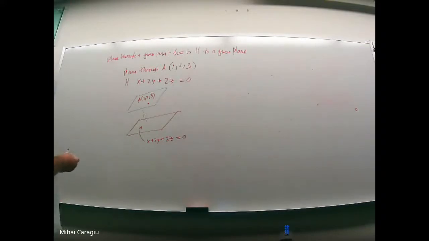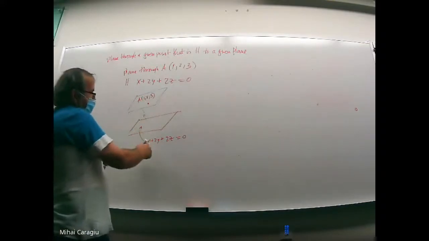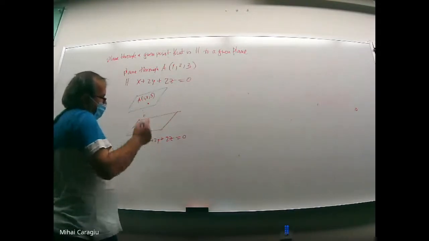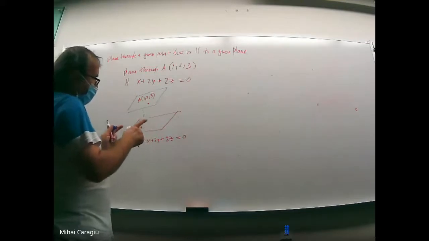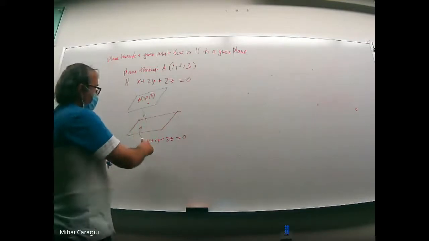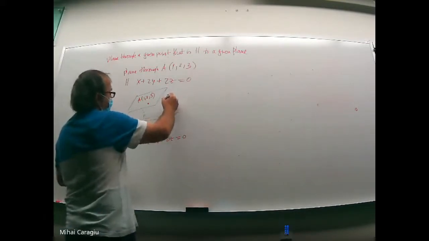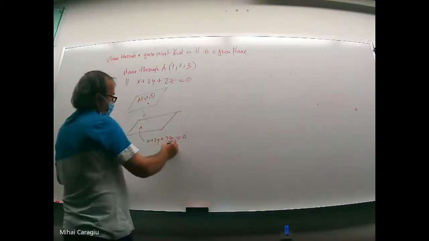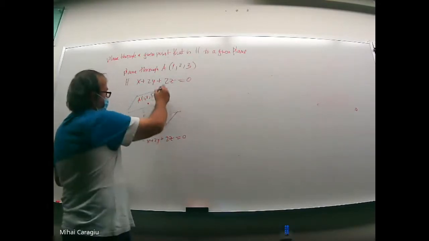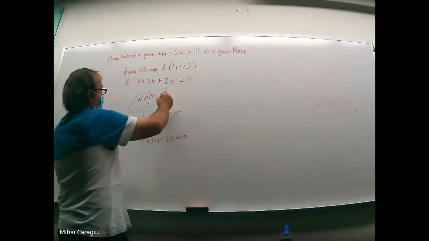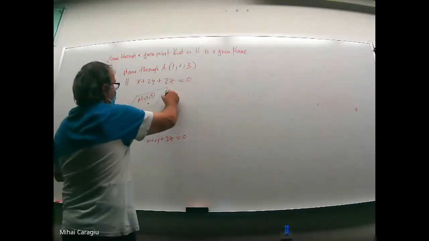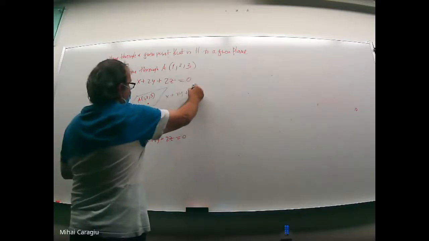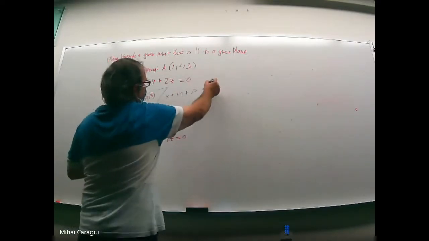Being parallel means the equation of this plane has the same normal vector, due to the fact they are parallel. Parallel planes could be considered to have the same normal vector. So 1, 2, and 2. So we get x plus 2y plus 2z equals something else, different.